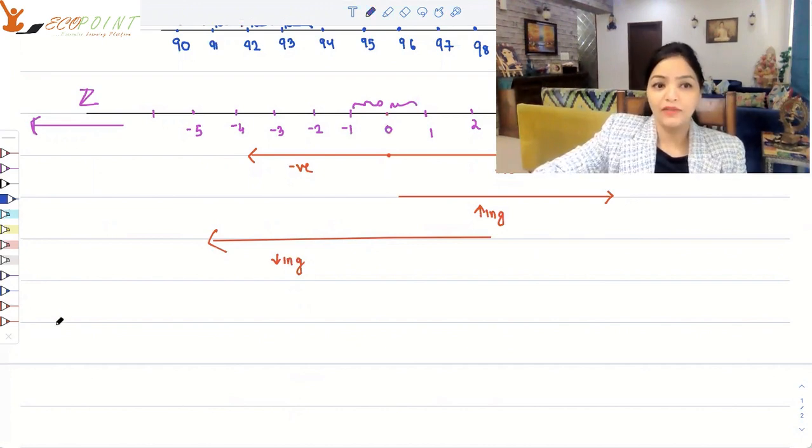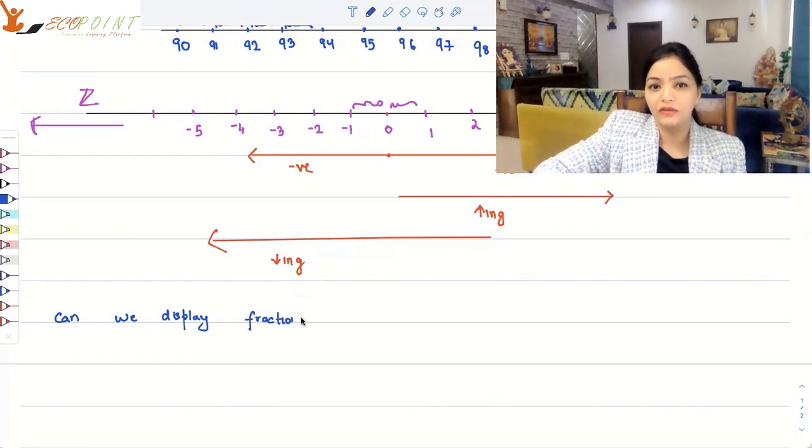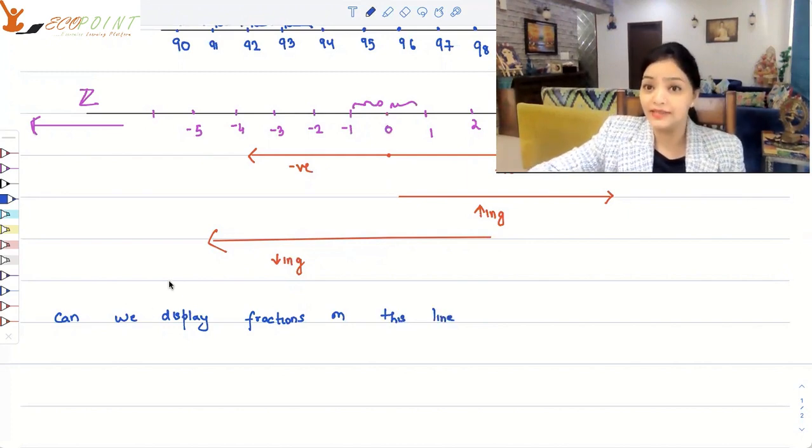Can I display fractions on the number line? And the answer is yes, absolutely yes, we can do that, because the concept of equidistant, we can actually try out with fractions as well.